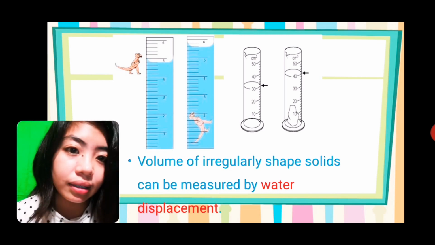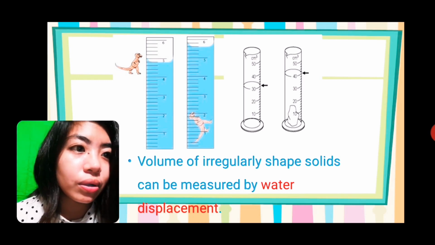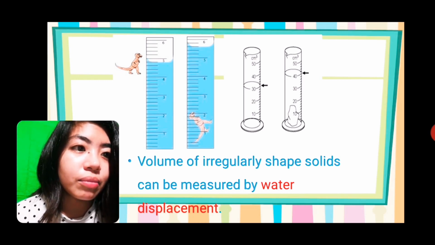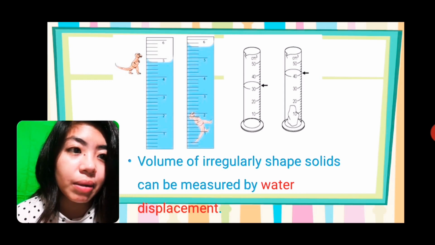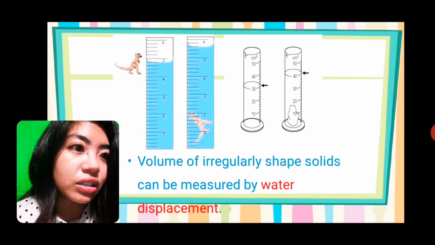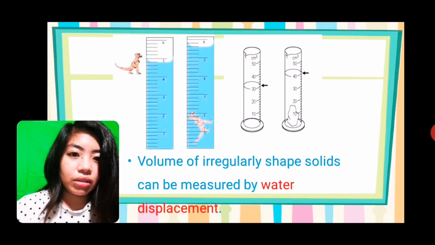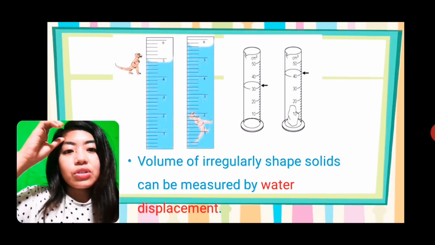Kunyari, 30 ml. Then, you're going to put the stone. Tapos, titingnan mo kung gaano yung tinaas niya. Then, ima-minus mo. Since, nung nilagay mo yung stone, naging 40 ml siya. So, 40 ml minus 30 is equivalent to 10. So, 10 ml or 10 cubic centimeter yung volume ng ating stone.